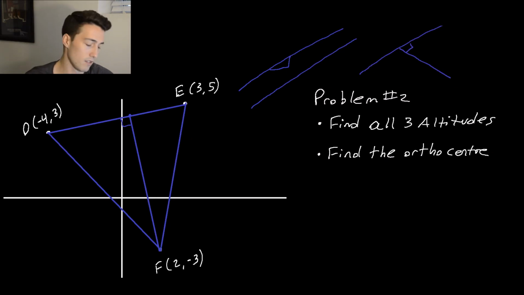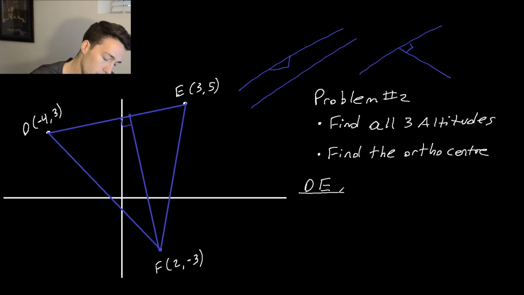So in this case, what we're going to do is find the slope of line DE. The slope m is equal to 5 minus 3 divided by 3 minus negative 4. So the slope is going to be 2 over 7.